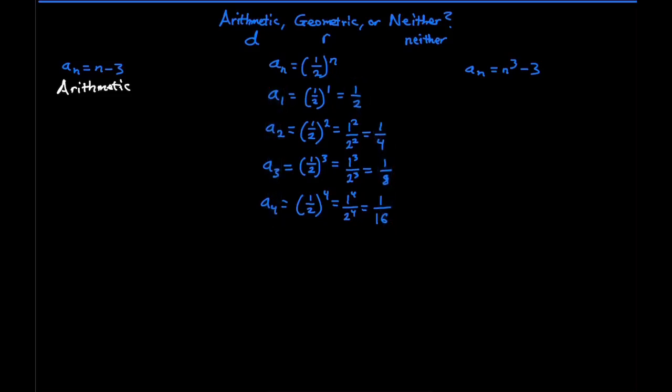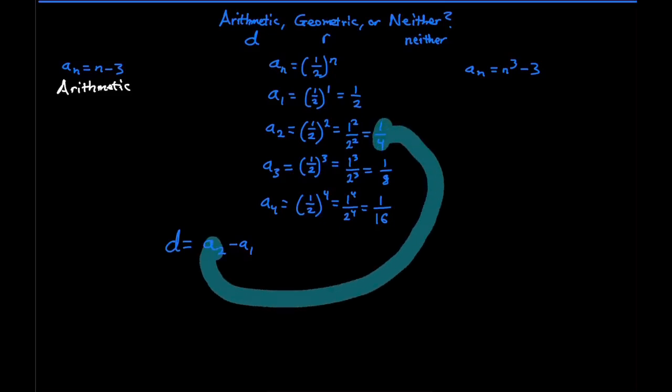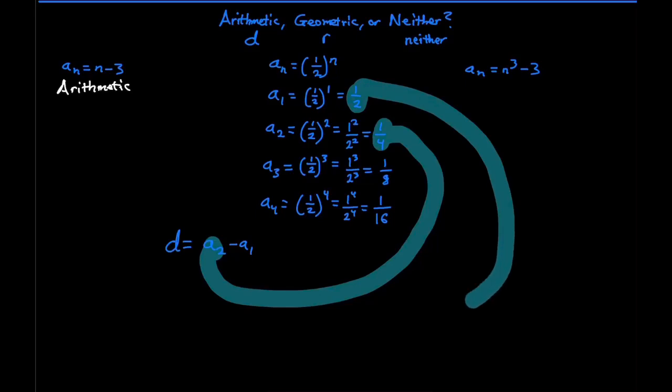If you think it's going to be geometric, you can just start checking for that right away. Or if you want, you can go through the arithmetic process. Normally you start with the arithmetic, then the geometric. So if you want, you'd be looking for a common difference. You'd say, in this case, it's A2 minus A1. This is what A2 is, and then this is what A1 is.